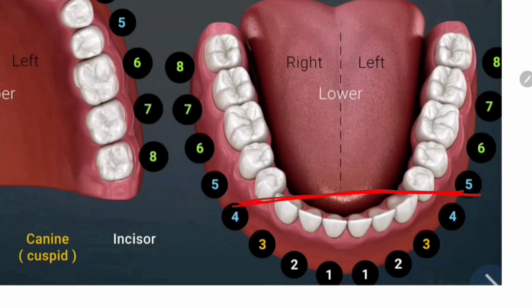When you bisect these teeth in two portions, this one is your facial aspect and this is your lingual aspect, and the contact area is present here, in the middle third. So it again has the same distance from both aspects, from the facial side and from the lingual side. That's why it is called equidistant, same as maxillary central incisors.